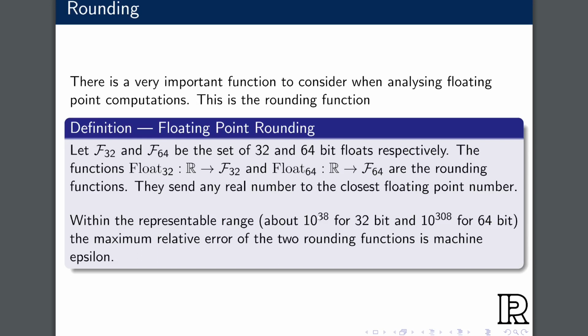So if it's between like 10 to the 38th and negative 10 to the 38th for 32-bit numbers, the rounding function will be a machine epsilon relative error function, no matter where. If they hadn't made this decision, it would be possible that if you had a number that was twice as big, the relative error could have also doubled, but it doesn't. If you round a number that's between 0 and 1, and you round a number that's between 1,000 and 2,000, the relative error will be basically the same.